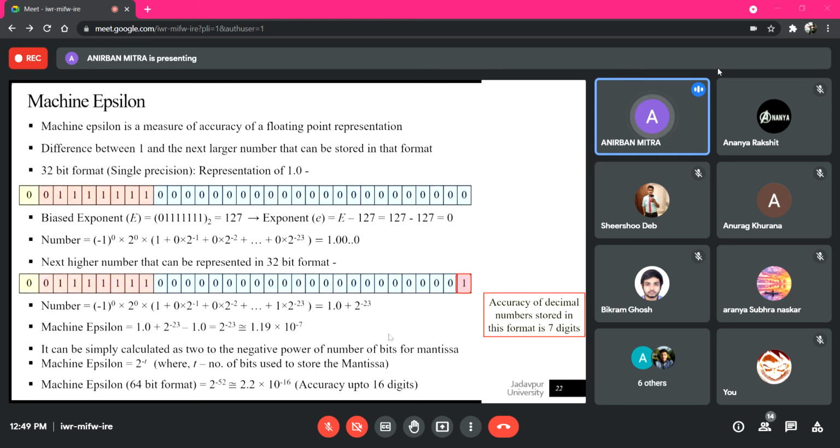So obviously, if you require more precision, more accuracy in your results, then you should go for the 64-bit format.